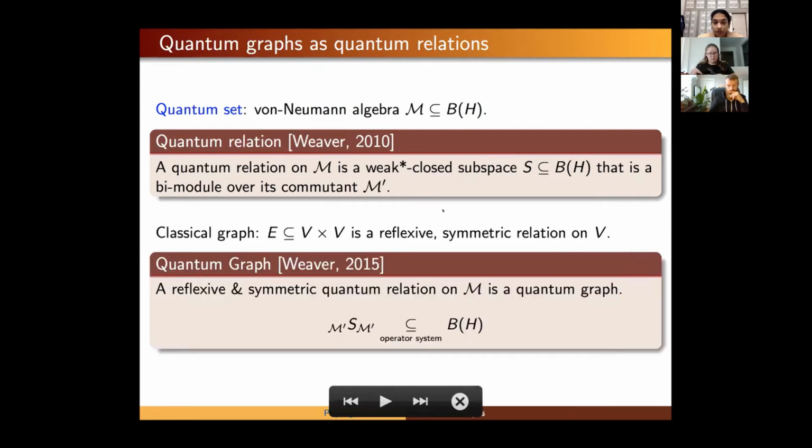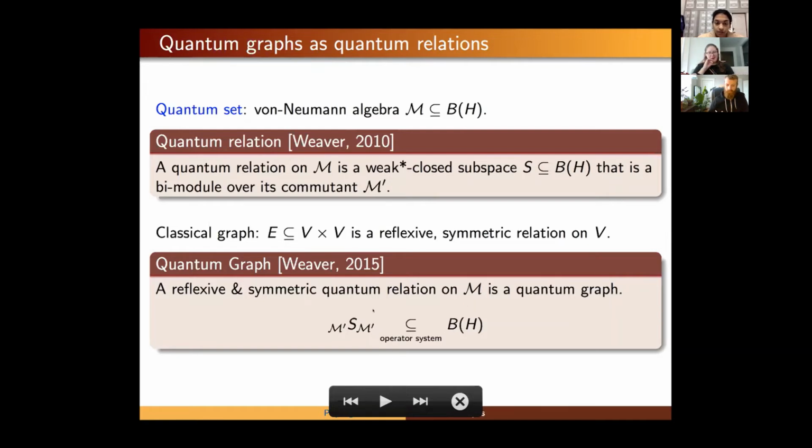And how can we use this to study graphs? That's because you can look at the edges of a graph as a relation on the vertex set. So you can think of the edges as a subset of V cross V, the vertex set. In particular, if the graph is reflexive and undirected, then this relation is a reflexive and symmetric relation on V. And so a quantum graph can be defined as a reflexive and symmetric quantum relation on a quantum vertex set.